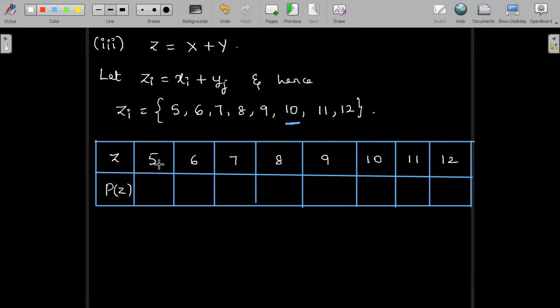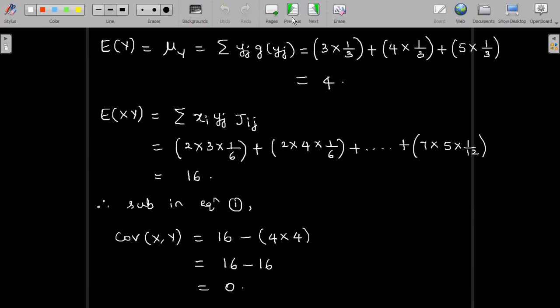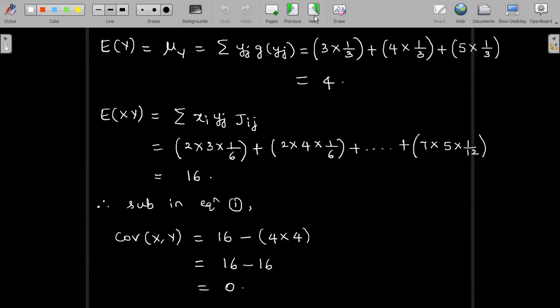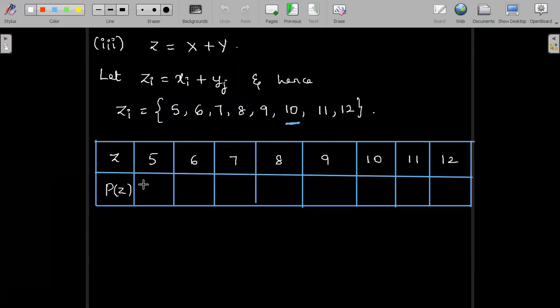So the rest of the probabilities directly we can write down from the joint probability distribution table, right? So with x is equal to 2 and y equal to 3, the respective probability is 1 by 6. Means for sum equal to 5, 3 plus 2 is 5. For sum equal to 5, the respective probability is 1 by 6.